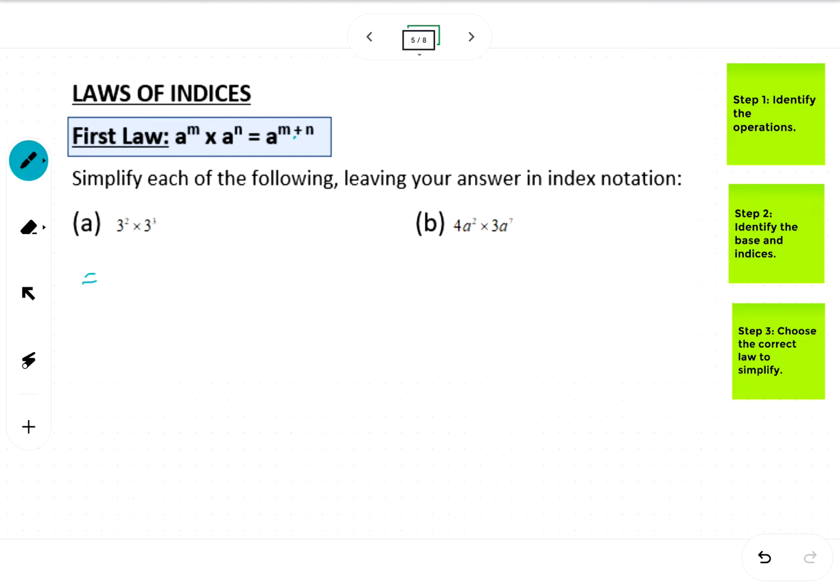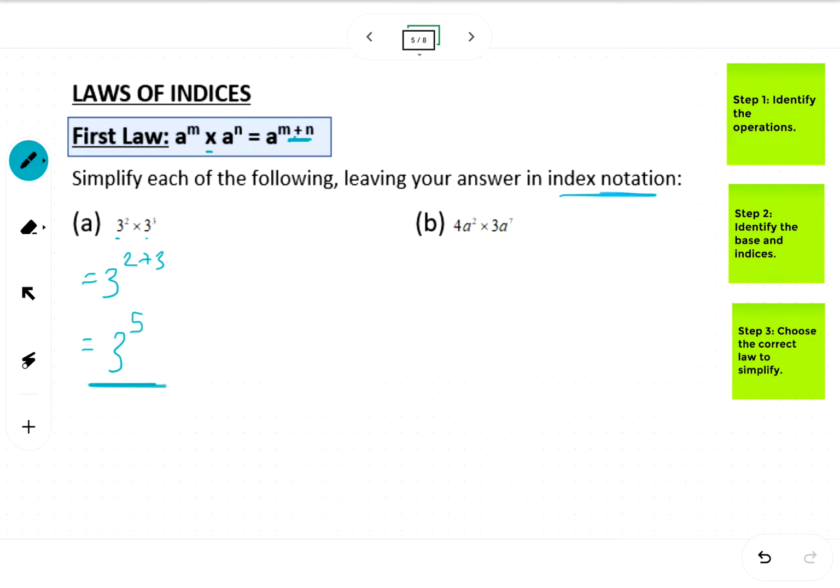Here, 3 square times 3 cube. The base here is 3, and you see the operation is times. So kalau times, what you need to do with the indices is plus. So 2 plus 3 is 5. So that's the final answer.